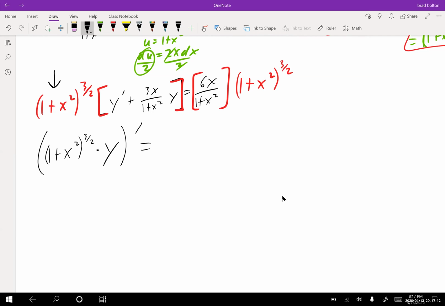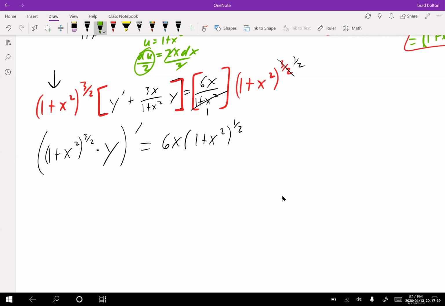And that has to equal, well, let's see here. This can cancel a little bit. Right here, this cancels with a 3/2 power. This is actually to a 2/2 power, which is a 1. So this would just be a 1/2 power now, and this is just 1. So this will be 6x times 1 plus x squared to the 1/2 power. If you just do some cleanup on that.